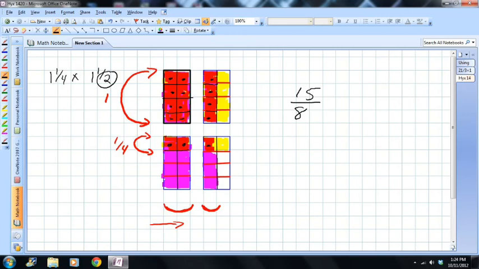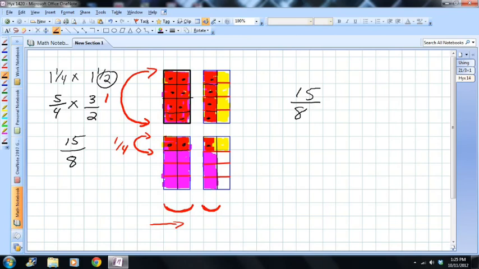Let's see if we can verify that. 1 1/4 is the same as 5/4 times 1 1/2 is the same as 3/2, and 5/4 times 3/2 is 15/8.